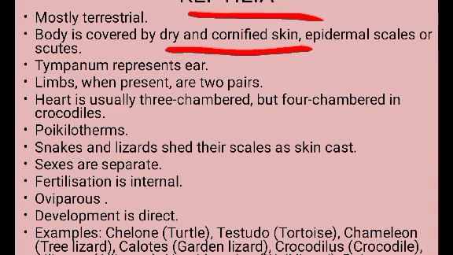That is, the cells will die and a layer of dead cells, corneocytes, will be formed. Why it is formed is that it acts as a barrier, a protective layer. So the body will be covered by such dry, cornified skin.